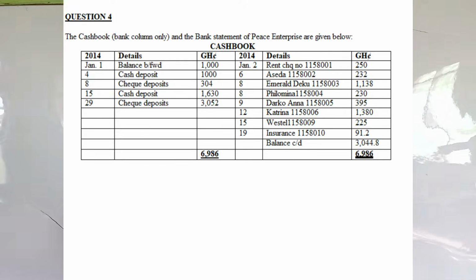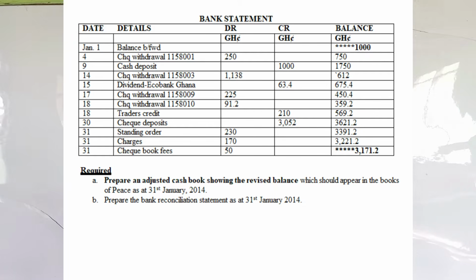After Philomena's check, still on the credit of the cash book, let us look at Dakwana. The check number is 1158005, 395. Let us go down there. Do you have 395 there? No. There's no figure even like 395.